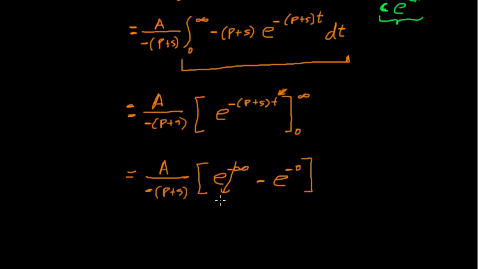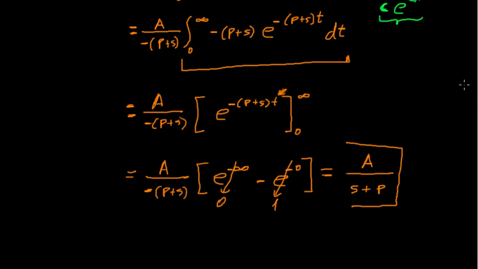Here we have 0 and here we have 1. So this minus 1 goes with this minus sign here, and the final result is a over s plus p. This is the Laplace transform of the exponential function.